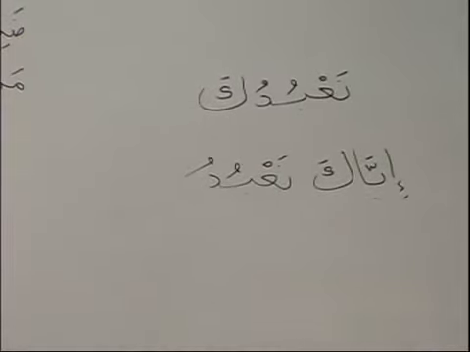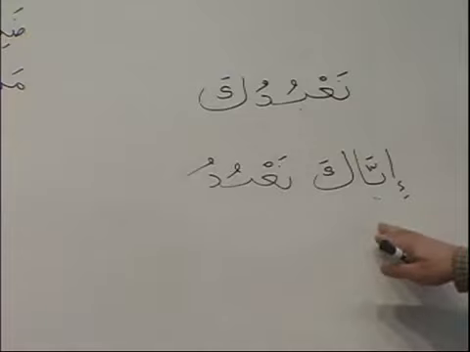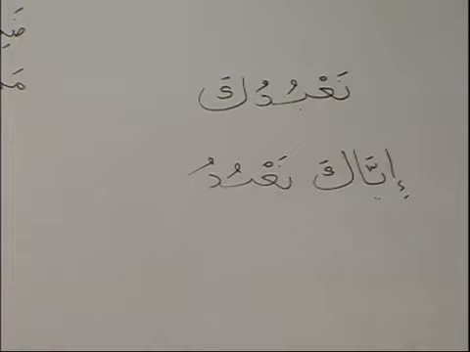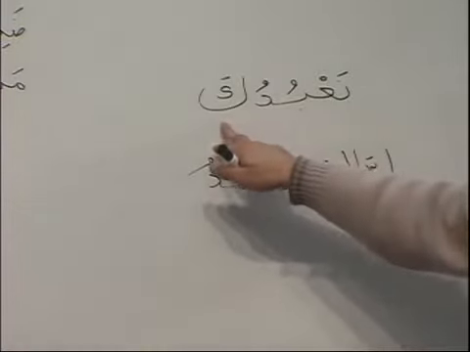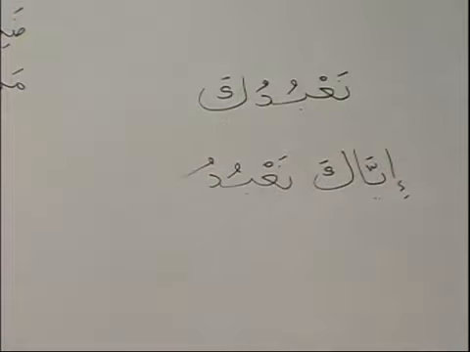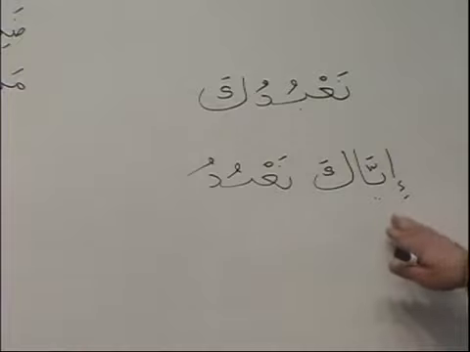Sometimes you have to use it, and we will learn the rules. Here, it can come as an emphasis: Thee alone. Because you could have easily said nabaduka. Now we change that ka, damir muttasil, into damir munfasil. Both are mansub, and we say iyaka.